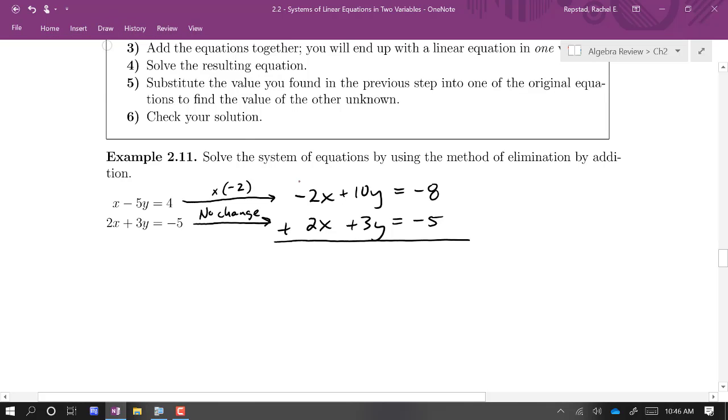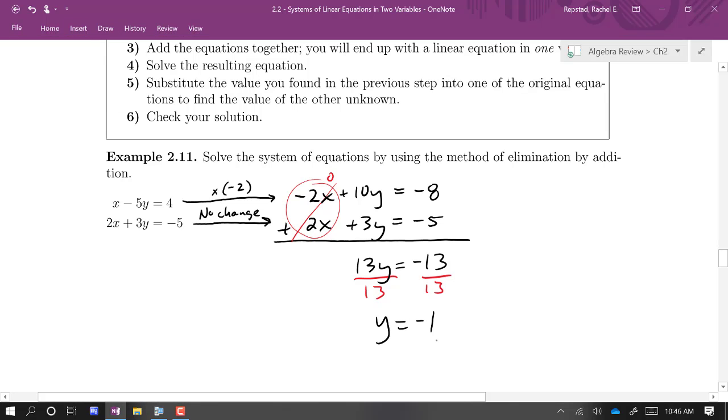Look what happens to the x's. I have a minus 2x plus 2x. Those cancel each other out. That's just a 0. So now this becomes just 13y equals negative 13. And we solve by dividing both sides by 13, and we get y equals negative 1.